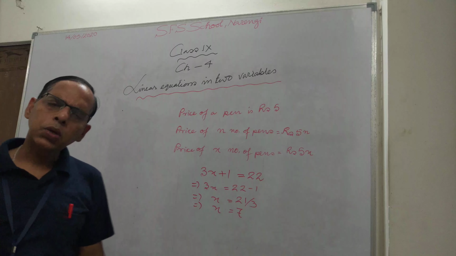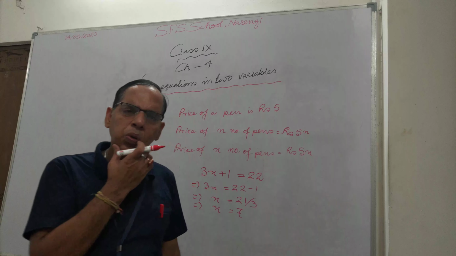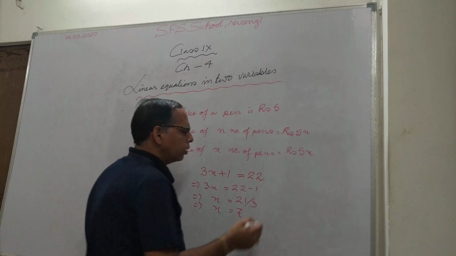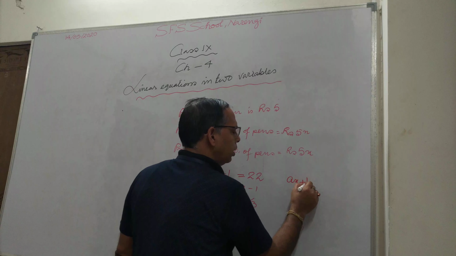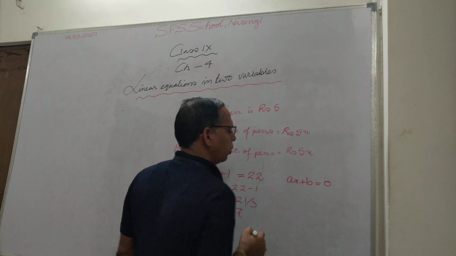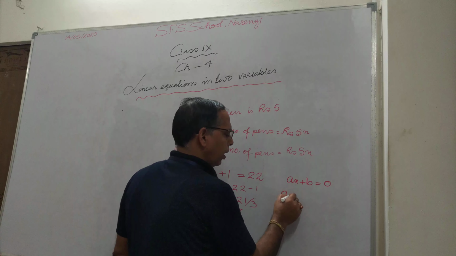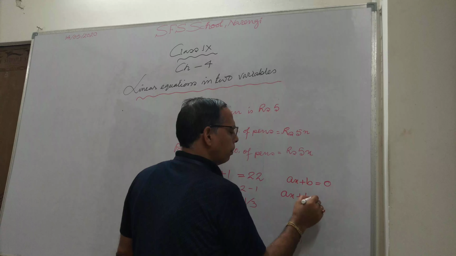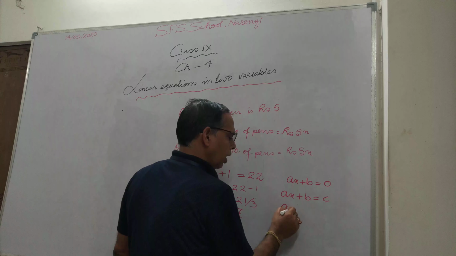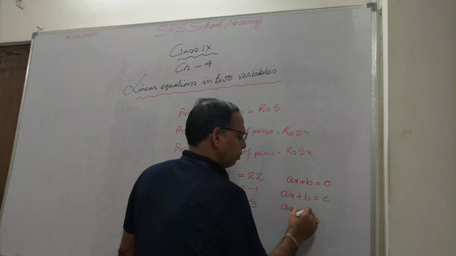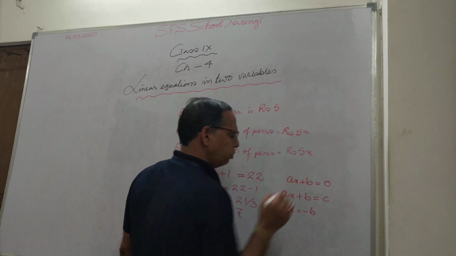Now, what is the standard linear equation in one variable? You can write ax plus b equal to 0, or ax plus b equal to c, or ax equal to minus b.